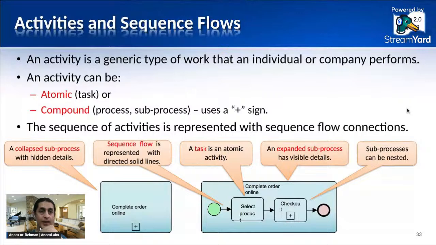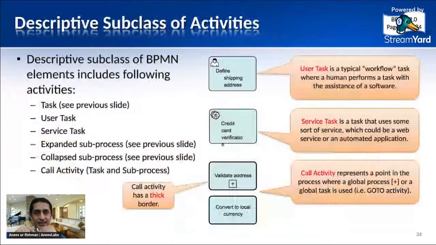Now let's talk about descriptive subclasses of activities. I just gave a brief introduction of the task. We have human task, we have service task, and we can have a task based on a rule engine or BRMS. So here we can integrate the BRMS.